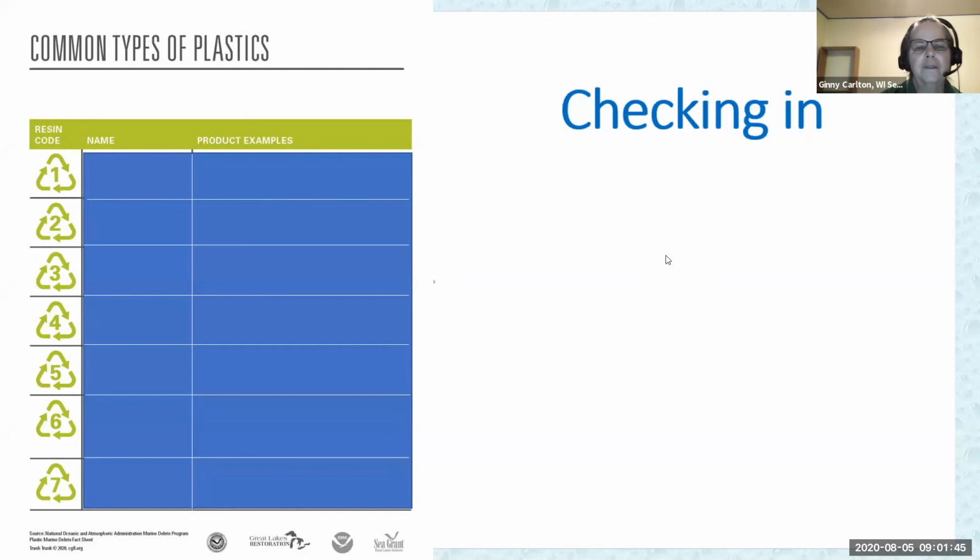Wonderful that lots of folks know that these are associated with recycling, and in your particular community, some of these plastics may be recyclable and others may not. Some of the more common types of plastics we'll be talking about today during the scientist's presentation. And we also have some handouts for you that will help with that. We'll put a link in the chat in just a moment regarding that.